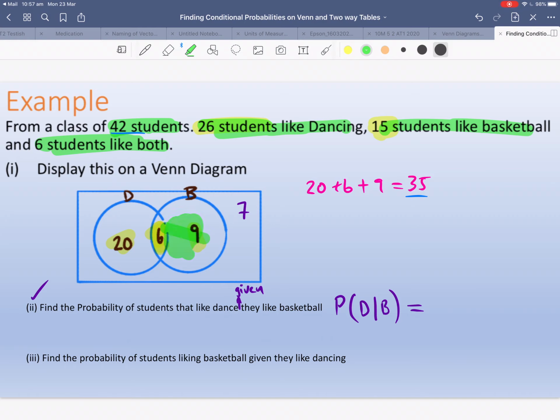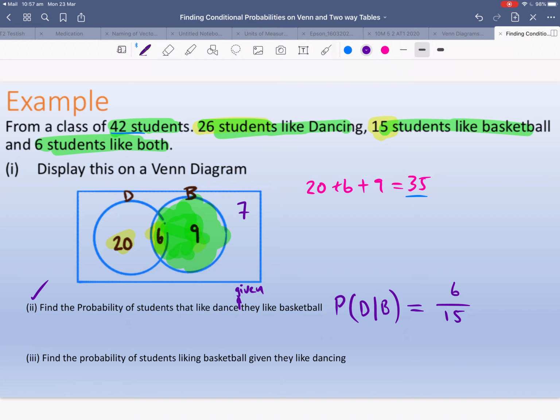How many students in total like basketball? It will be 15, so we put 15 at the bottom. Now, in that universe that I've highlighted in green, how many students like dancing? It's just 6. What's really important is that we're not looking at all the students that like dance.